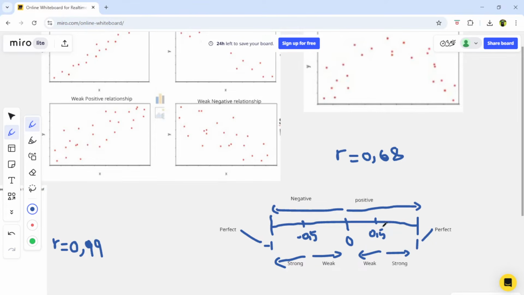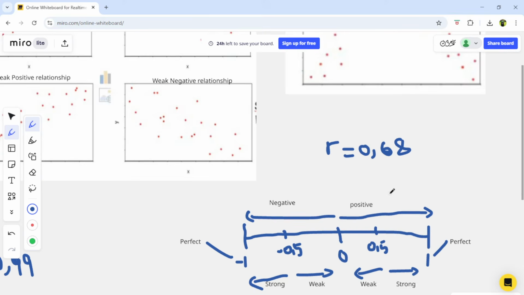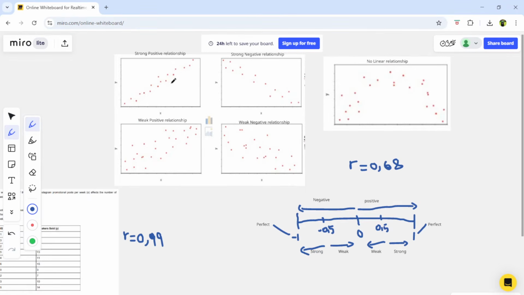It's more than 0.5. So this is an example of a strong positive linear relationship. If you were to graphically represent this, it would be this one over here. There's no negative sign, and it's more than 0.5, so it is strong.